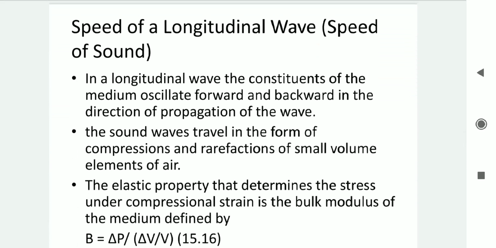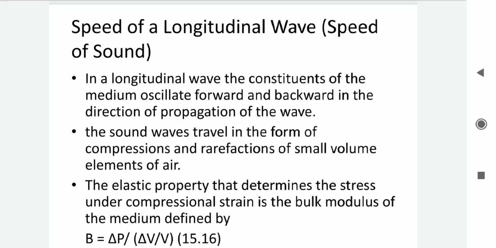In a longitudinal wave, the constituents of the medium oscillate backward and forward, that is, in the direction of propagation of the wave. Sound waves travel in the form of compressions and rarefactions of small volume elements of air.